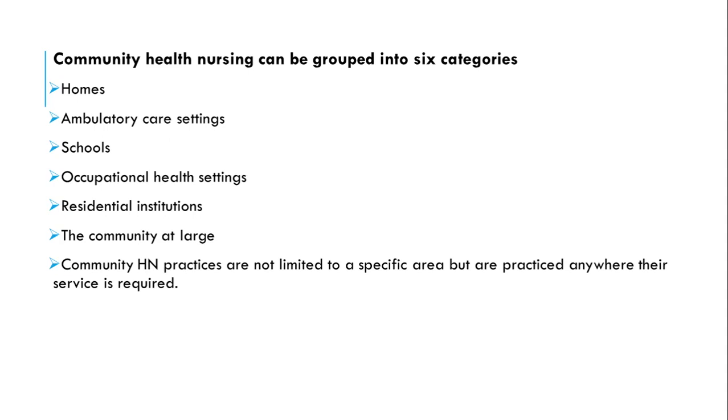You have to finally work in the community at large. So community health nursing practice is not limited to a specific area, but is practiced anywhere their service is required.